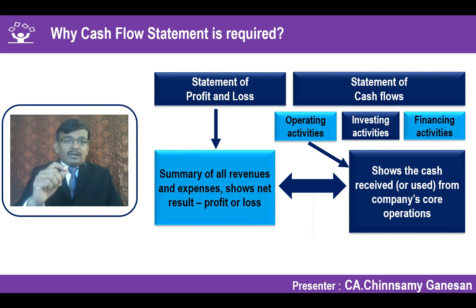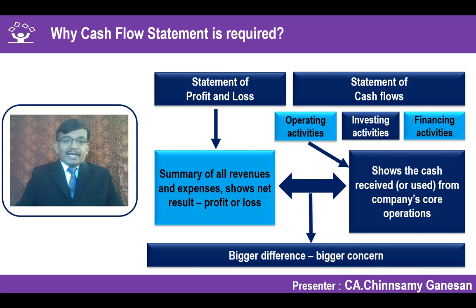So the moment the gap increases, there is a bigger concern. That means the company is able to make profits, but it is not able to collect cash from its activities. Maybe it will be surviving through additional investments, realizing the investments already made, or taking borrowings or further infusion of capital.